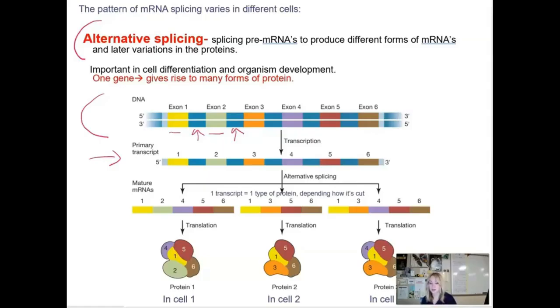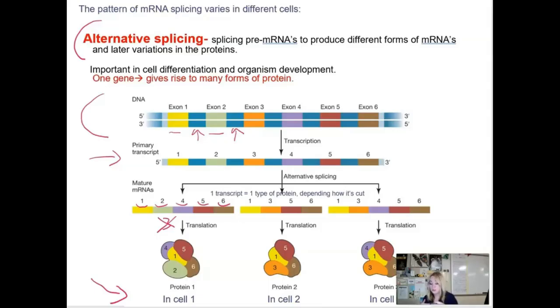Yes. So if you look at the situation here that occurs in cell number 1, the mature RNA has exons number 1, number 2, number 4, number 5, and number 6. The exon number 3 has been removed. So if you change the sequence in the mRNA, you obviously are going to change the sequence in the polypeptide because your amino acids now are going to be different.